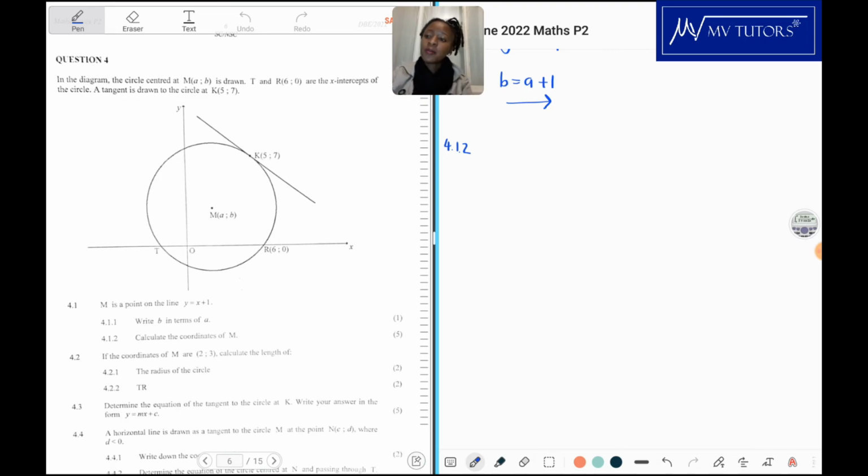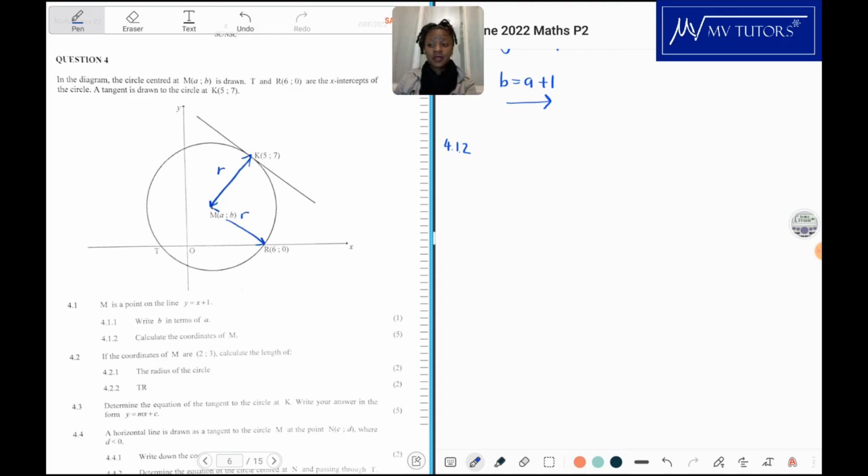Alright? So I know from M to K, I have a radius. Okay? And I also know that from M to R, I also have a radius, because a line from the center of a circle to the circumference is basically your radius. And why am I pointing that out?